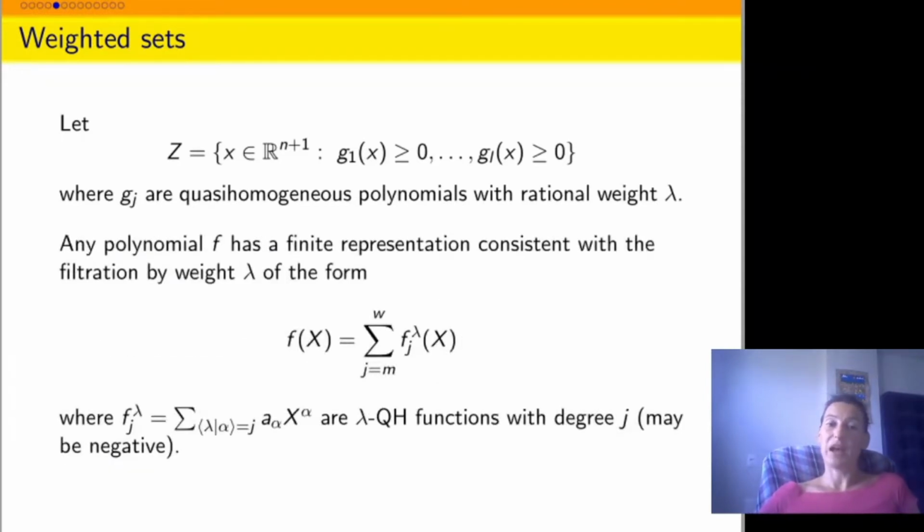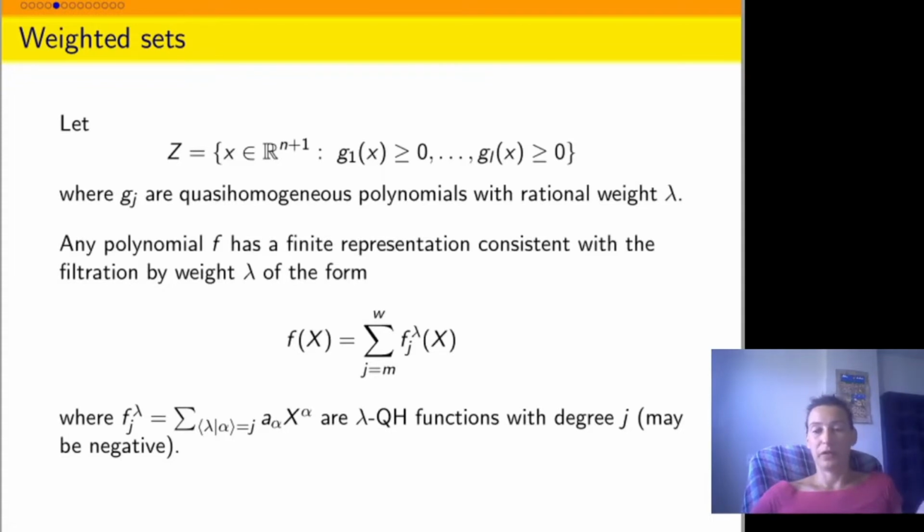Any polynomial has a finite representation consistent with a filtration by weight lambda of the form f equal, and now we have quasi-homogeneous forms of degree j, whereas this degree can be just recovered as the scalar product of the weight lambda and alpha, which belong to the support of f.